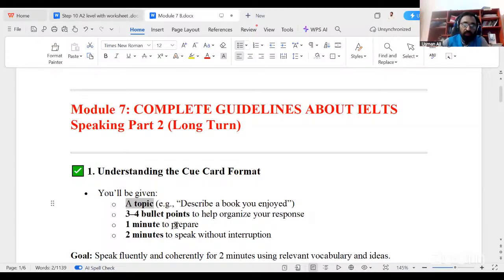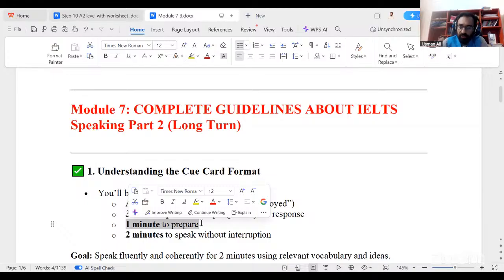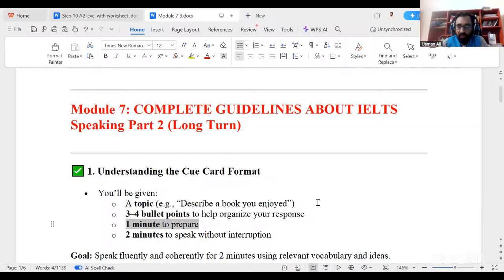You will be given 1 minute to prepare, and during that short period of 60 seconds you can write all the keywords and main points. Then you will talk about them, and in this way you will be talking continuously, coherently, and naturally, in a sequence.